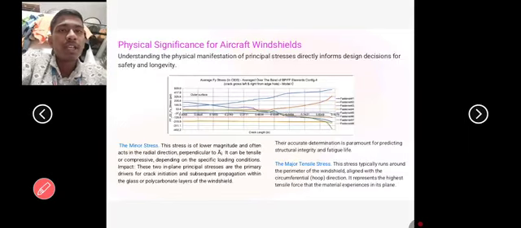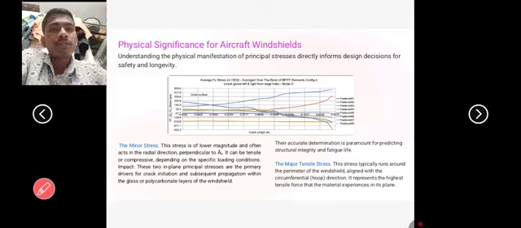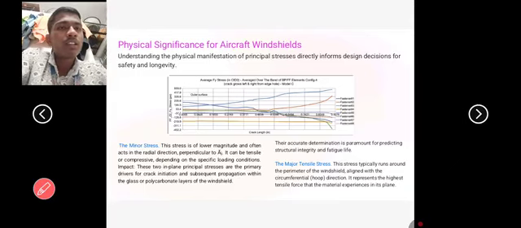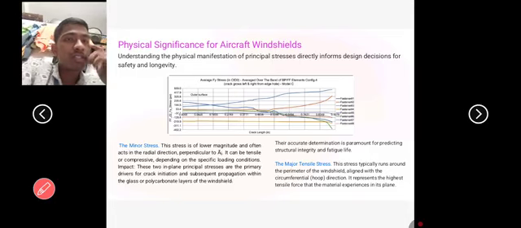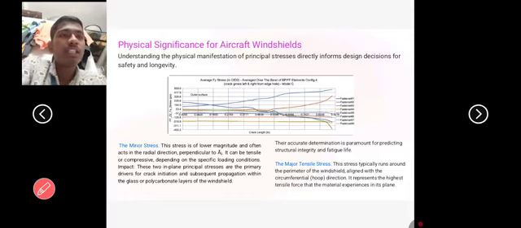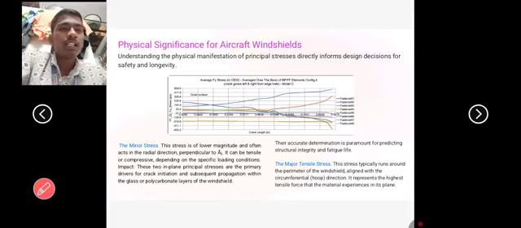Second, physical significance in an aircraft windshield. Understanding the physical manifestation of principal stresses directly informs design decisions for safety and longevity.